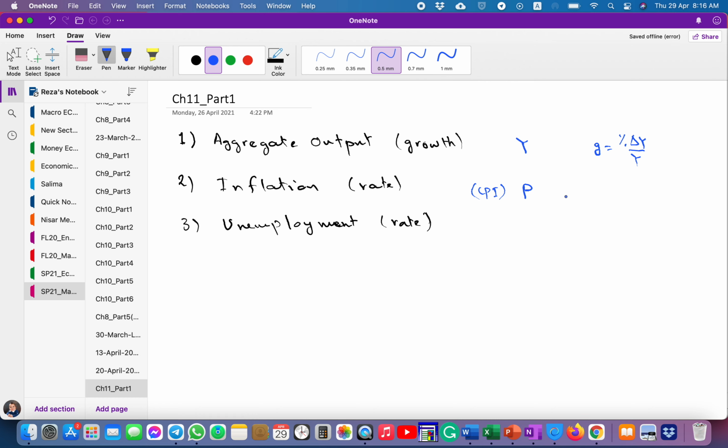And its inflation rate was the percentage change of this, so that's we use pi, percentage change of price. And unemployment rate, we just use unemployment rate, right? So that is the number of unemployed divided by total labor force, multiplied by 100.